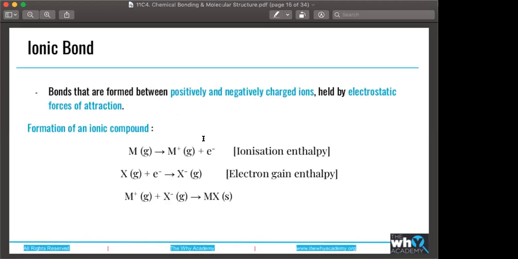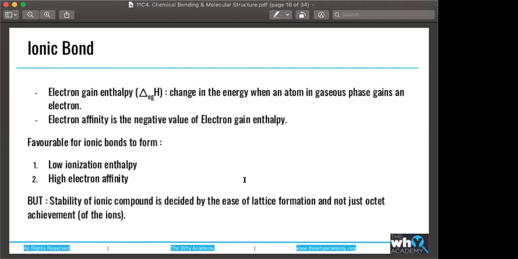Now based on these two energy changes, we can say that the conditions favorable for ionic bonds to form are low ionization enthalpy. Do you remember the definition of ionization enthalpy? Anyone?